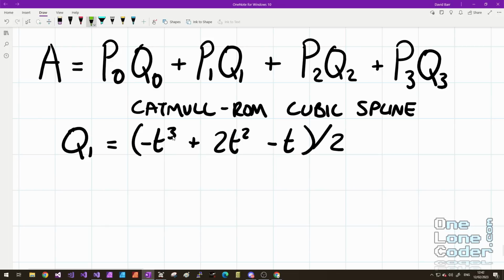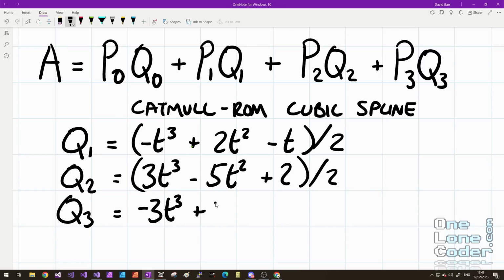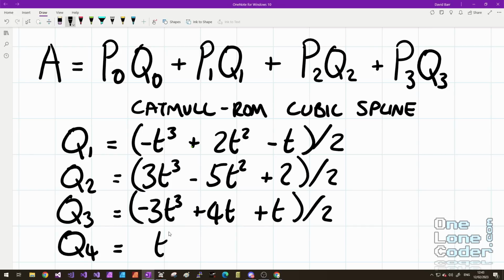And straight away you can see that the introduction of the power of 3 here makes this a polynomial. It's not linear anymore, and it's cubic. It's a cubic spline. Q2 equals 3t cubed minus 5t squared plus 2. Again, divided by 2. And again, it's cubic. Q3 equals minus 3t cubed plus 4t plus t. Again, divided by 2. And finally, Q4 is simply t cubed minus t squared divided by 2.